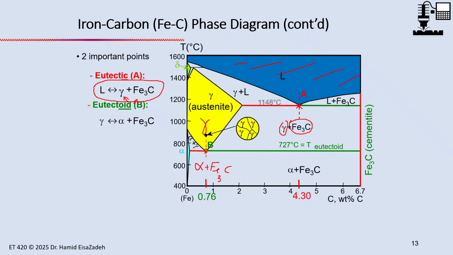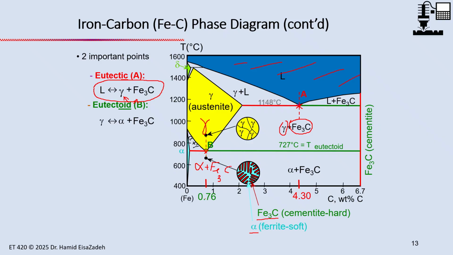When we are in the austenite region, we have grains, and the grains will look like this, just a schematic. Then when it transforms, it's all one phase, but we have multiple grains in it. But when we have a reaction like this, we have alternating layers of Fe3C and alpha. So they are separate, and we have two phases.